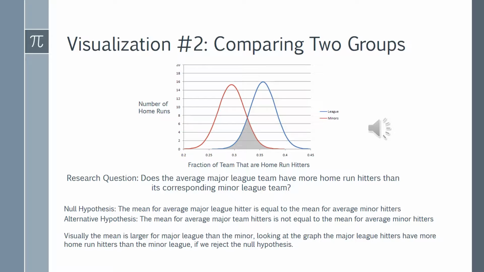In the second visualization test, we are comparing two groups, Major League and minor league hitters. The question asks, does the average Major League team have more home run hitters than its corresponding minor league team?